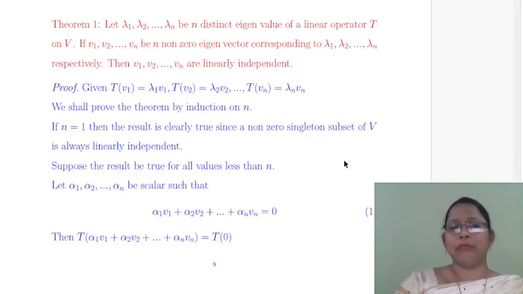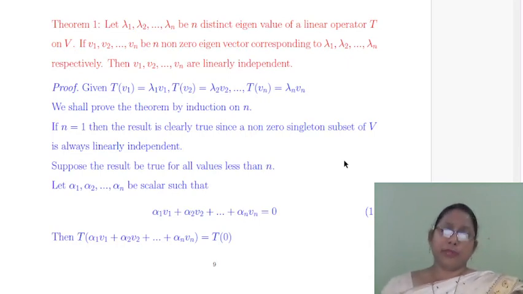Next is the theorem. Let lambda 1, lambda 2, ..., lambda n be n distinct eigenvalues of a linear operator T on V. If b1, b2, ..., bn are n non-zero eigenvectors corresponding to lambda 1, lambda 2, ..., lambda n respectively, then b1, b2, ..., bn are a linearly independent set.